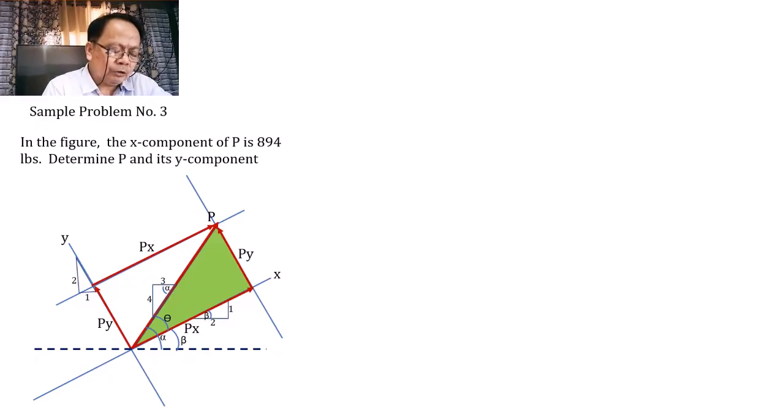So, let us look at this angle. If we have here 3, 4, therefore this particular side will be equal to 5. Therefore, we can express the functions of this alpha so that sine of alpha will be equal to 4/5 and cosine of alpha will be equal to 3/5.